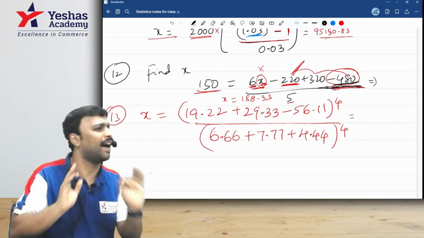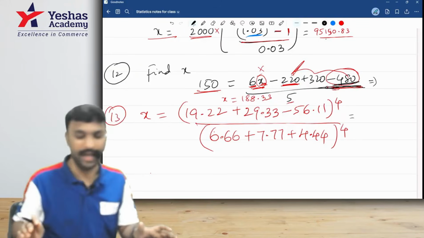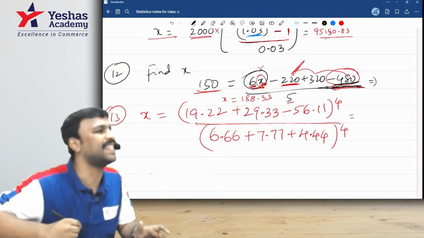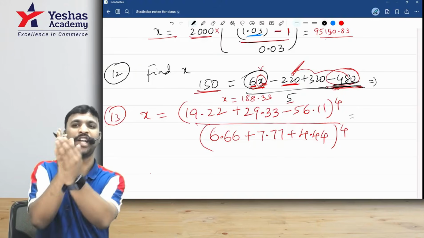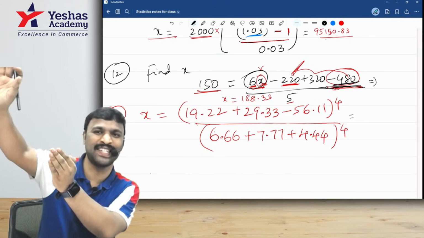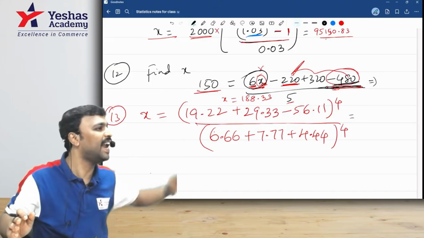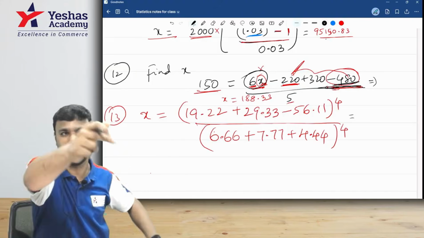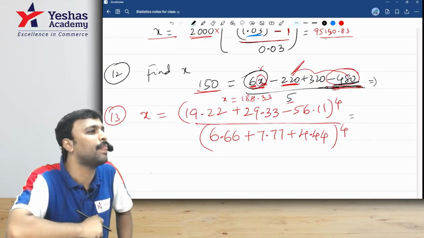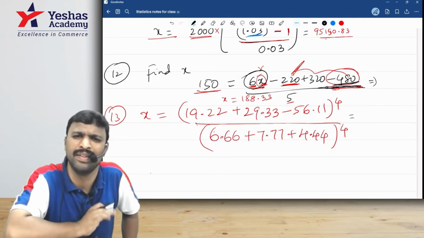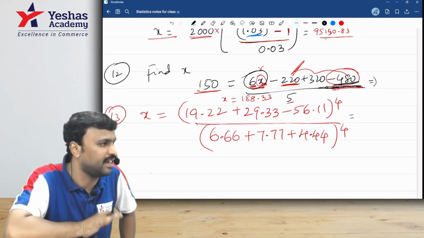Plus 480. Are we done, everybody? Now what is remaining here? 6x. Now I should retain only x on one side, everything else on the other side. Correct? So 6 should go where? Get divided. Divided by 6. You understood? Just the priorities, nothing great here.